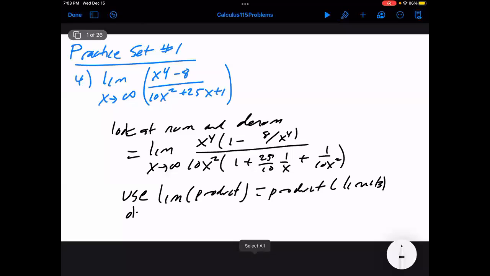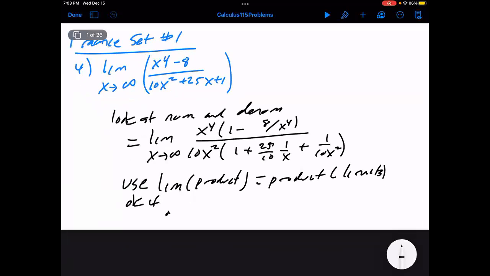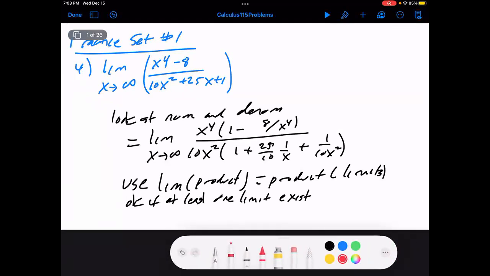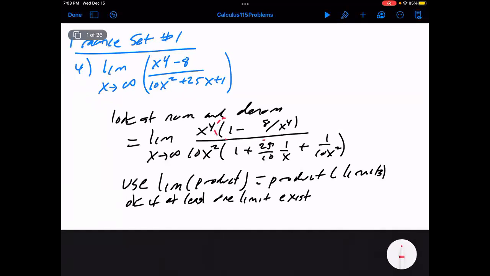That's okay if at least one limit exists. As x gets really, really large, what does 1 minus 8 over x to the 4th go to? 1.